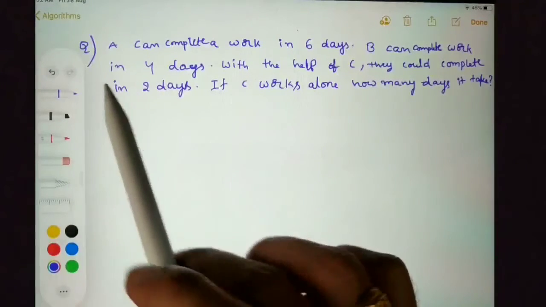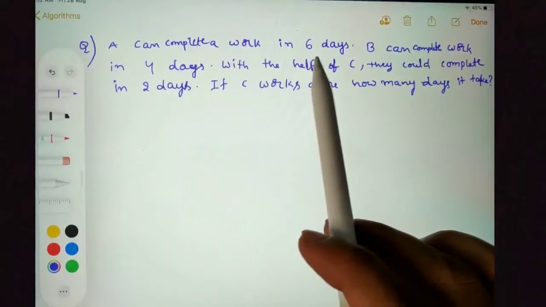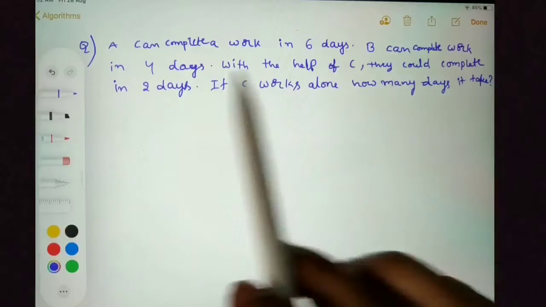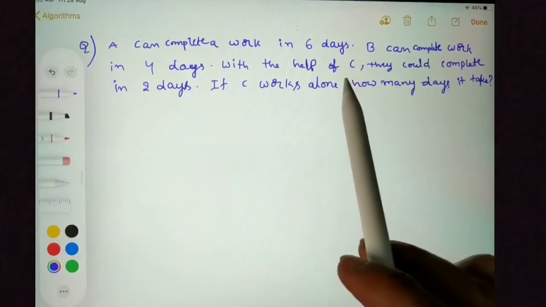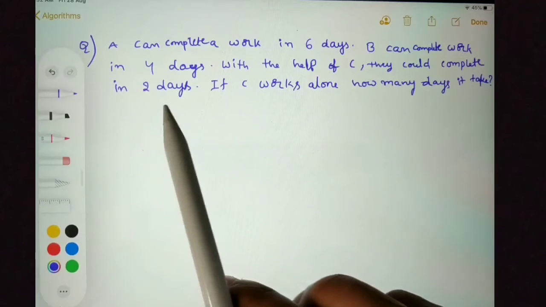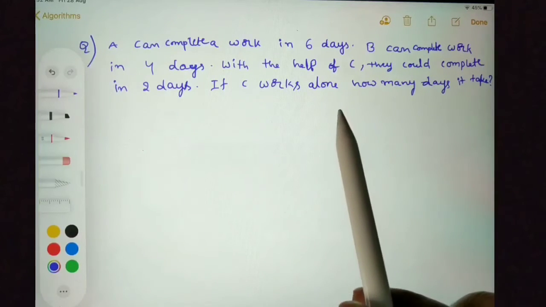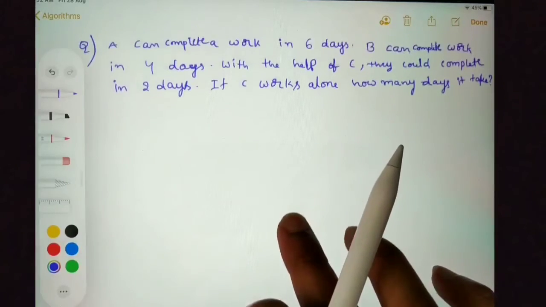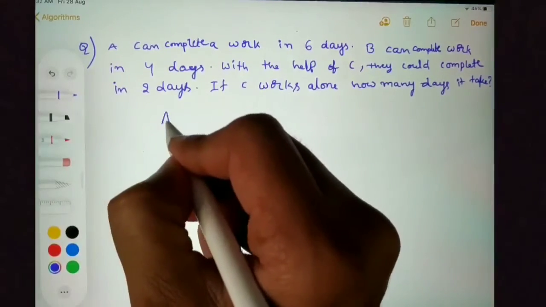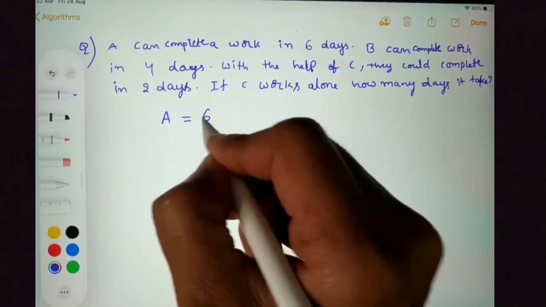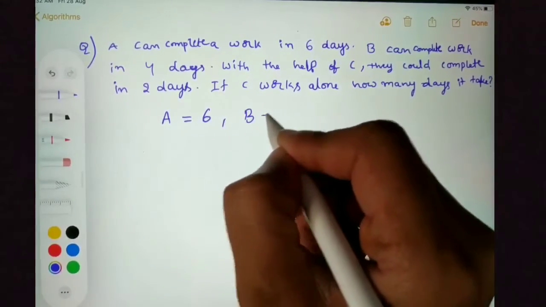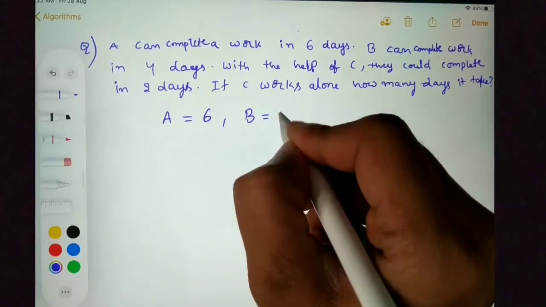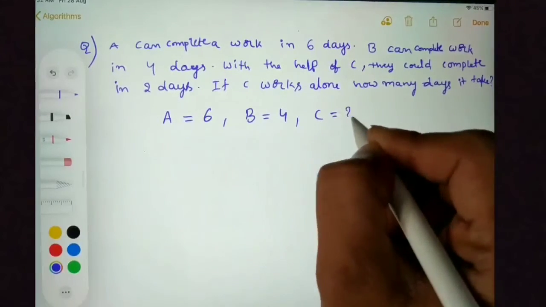Here is another problem. A can complete work in 6 days. B can complete the same in 4 days. With the help of C, they could complete the work in 2 days. If C works alone, how many days will it take? We know that A can complete work in 6 days and B can complete in 4 days, and C we don't know.